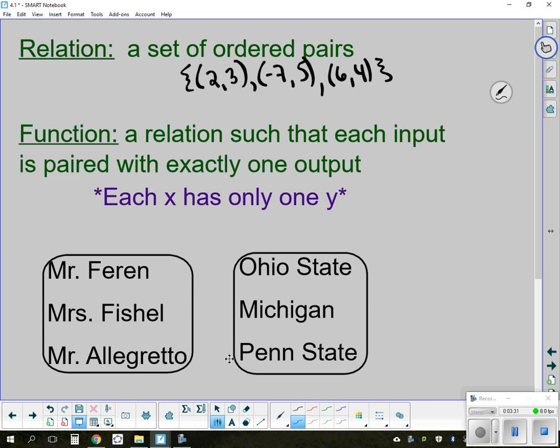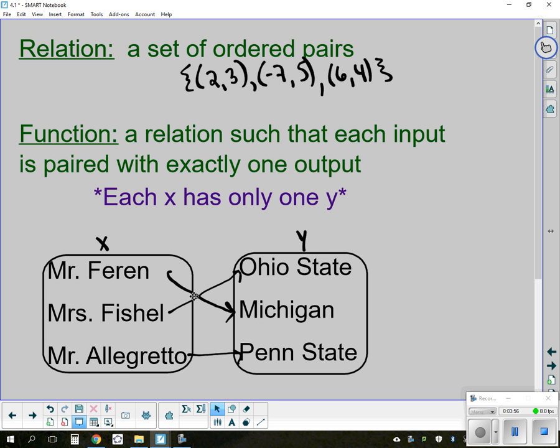So let's do an example with some words first. So Mr. Farron's favorite football team, for I have no idea why, but his favorite team is Michigan. Ugh. Mrs. Fischel's favorite is Ohio State. I don't really know what Mr. Allegretto's is. I just made something up. Let's say it's Penn State. Okay, so if you look at these, each x value, each input, has only one output.